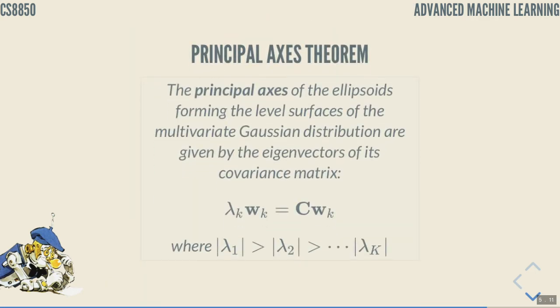So, principal axis theorem. The principal axes of the ellipsoids forming the level surfaces of the multivariate Gaussian distribution are given by the eigenvectors of its covariance matrix.